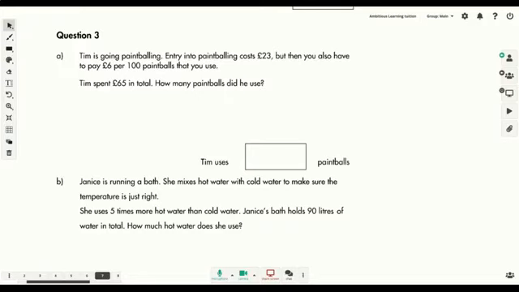So first thing you know is you have 65 pounds. It's given here. And how much is the entry? 23. So I'm going to minus 65 minus 23.